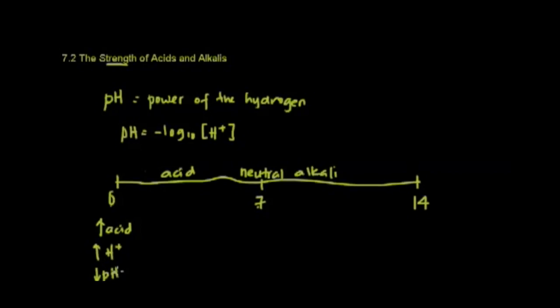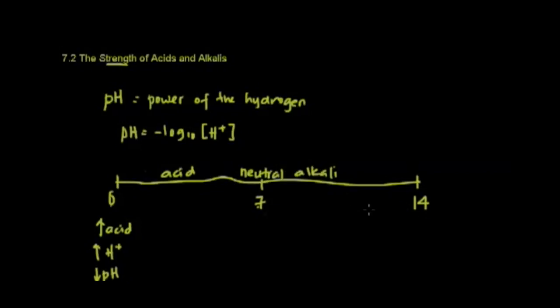Less pH value. An example will be hydrochloric acid, nitric acid, and so on. How about lemon juice? Lemon juice is not as corrosive as hydrochloric acid, right? So probably lemon juice could have a pH of 3 or 2. And how about milk? Milk is slightly acidic, actually, just a little bit acidic. Probably it will be pH number 6.